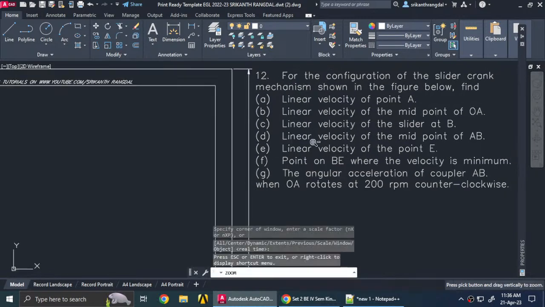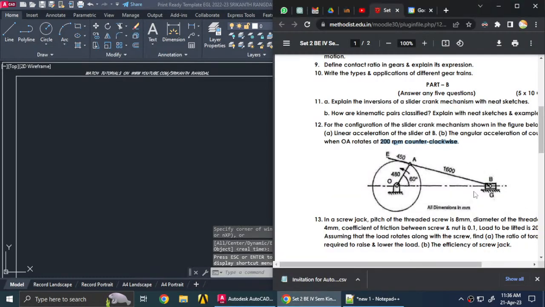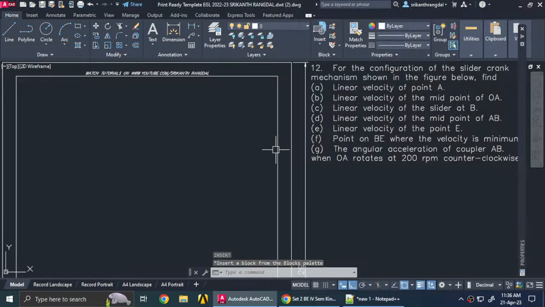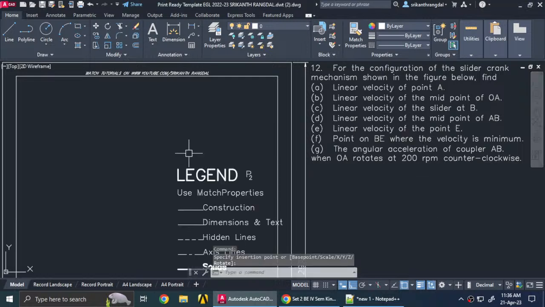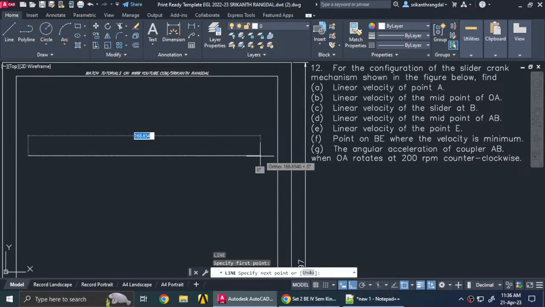Alright, so before going anywhere, first we'll have to complete the position diagram of this particular thing. And we can see here that the maximum length is 160. So if we see the maximum length that we can draw over here, that's around 160.